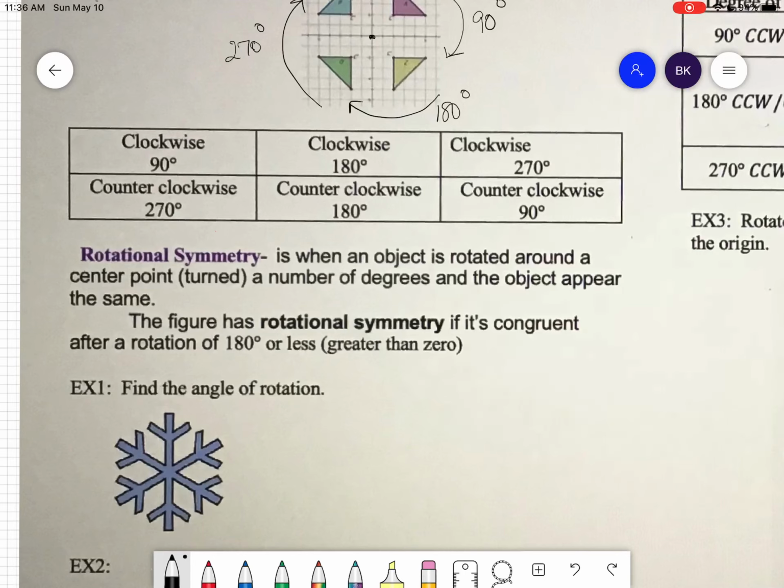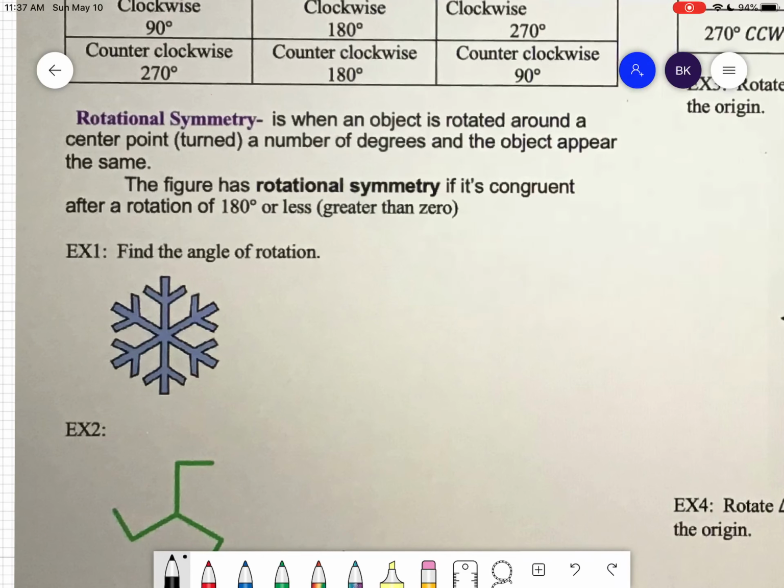It will look exactly the same. A figure has rotational symmetry if it looks the same as the original after a rotation of 180 degrees or less. It has to be greater than 0 but less than 360. Usually it's 180 degrees or less.